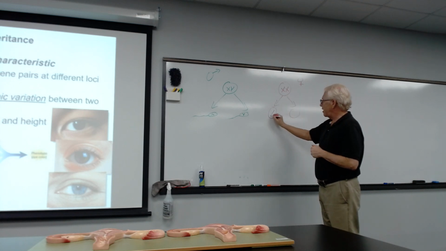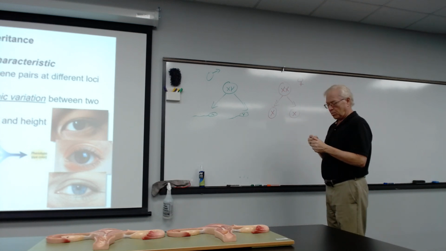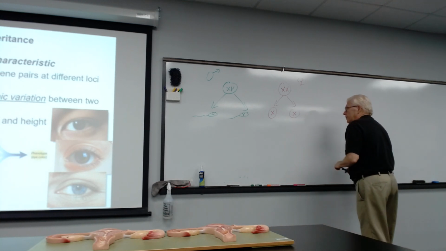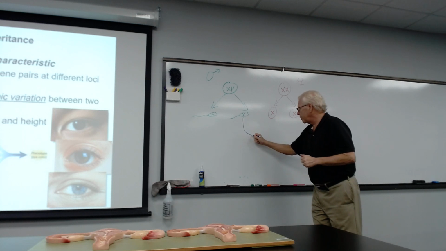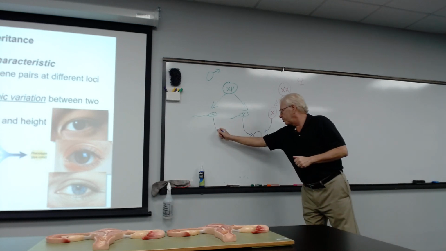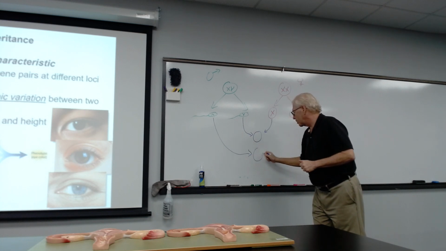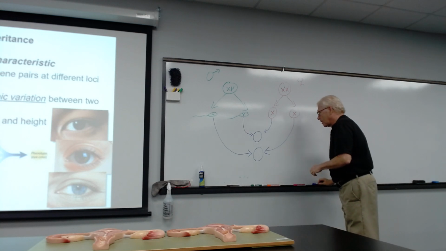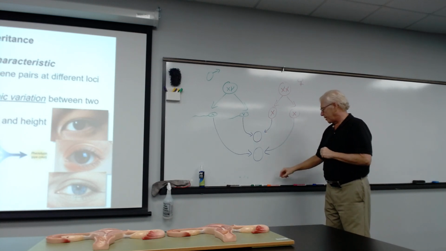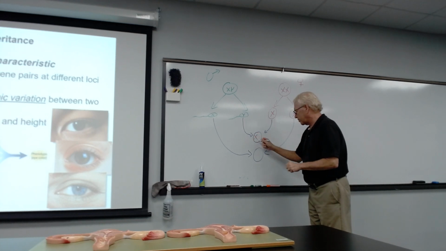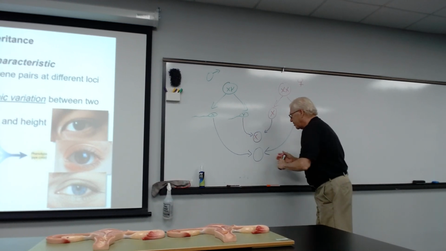So when we split that up, 1 egg gets an X, 1 egg gets an X. Okay? All right. Let's put these 2 together. What's that going to be? A boy. Because he's going to have mom's X and dad's Y.